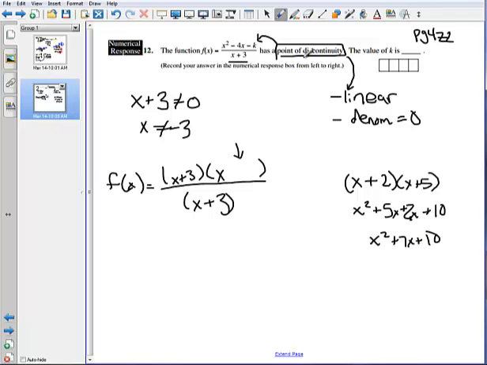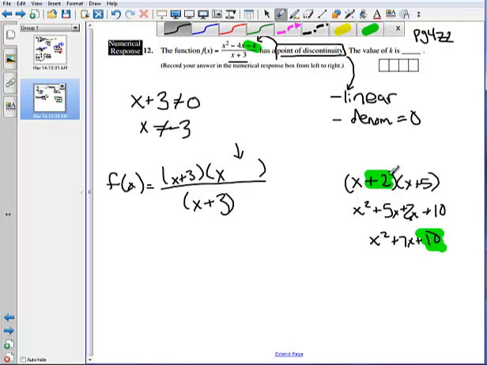When I FOIL it, I end up determining what the constant term is, and that's what they're really asking for. What's our constant term? So have a look at my constant term, which is a 10. How does that constant term relate to the factor in the first bracket that I already know? How are 10 and 2 related? And more importantly, how does knowing what they are get me to the 5?